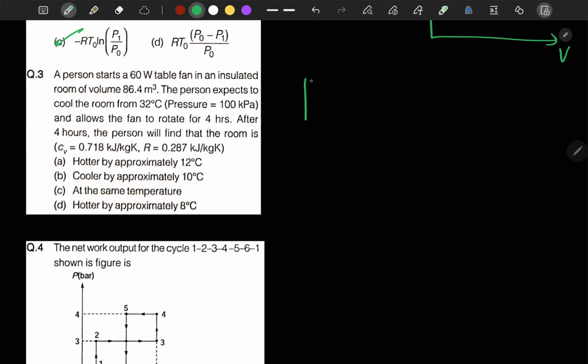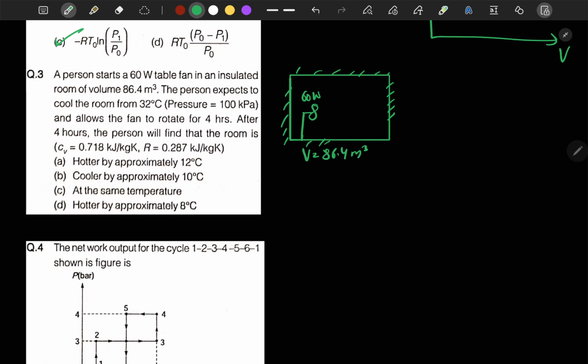So let's say that this is our system, or this is our room. In the room we have placed a table fan, which is of 60 watt. The room is insulated, and the volume of the room is equal to 86.4 meter cube.